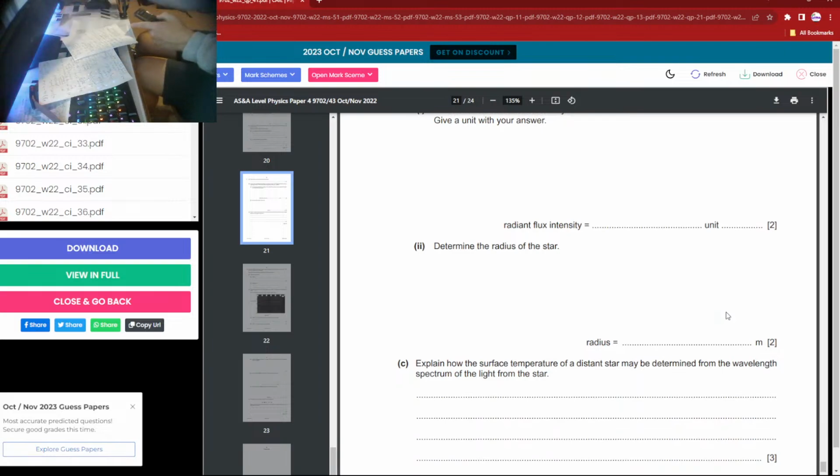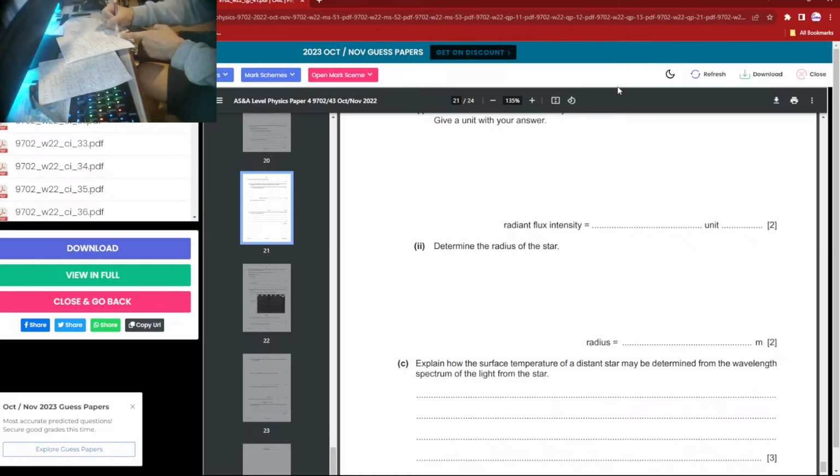So your answer, the radius should be 3.75 times 10 to the power of 13. That should be your answer. Oh, sorry, my bad. I forgot to put the temperature to the power of 4.